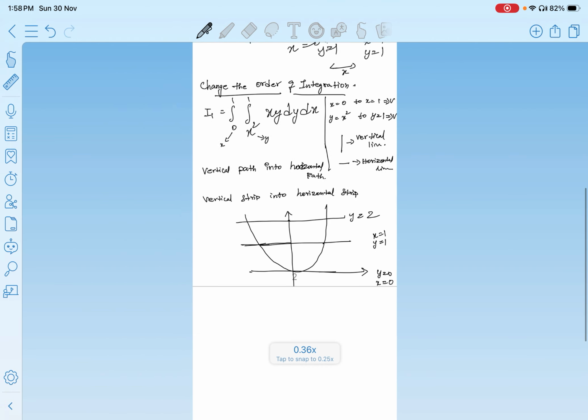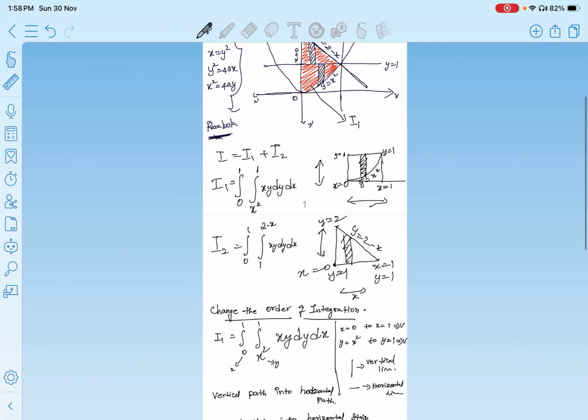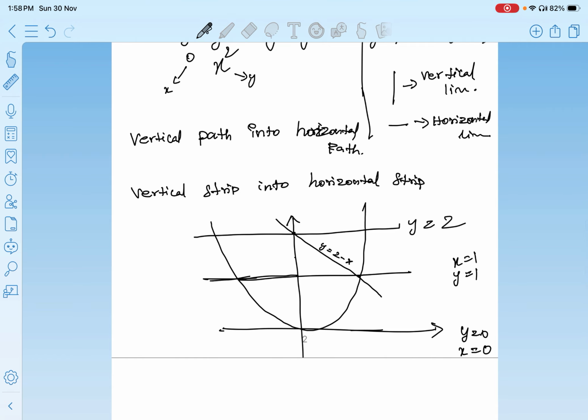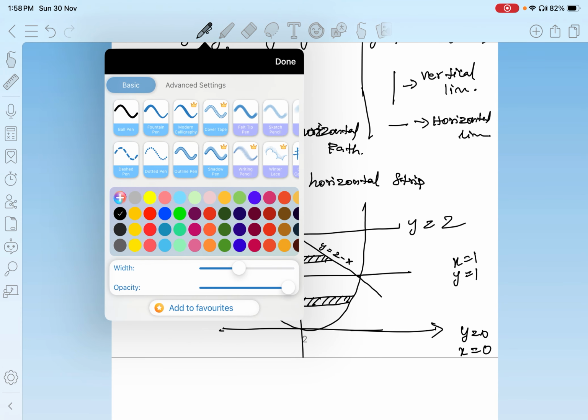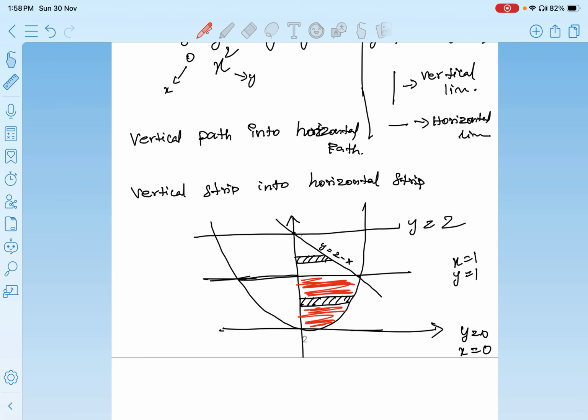So in the previous figure, we have vertical strips. Now I'm going to change it to horizontal strips. This is a horizontal strip, and here also it is going to change to a horizontal strip. The region that we want.